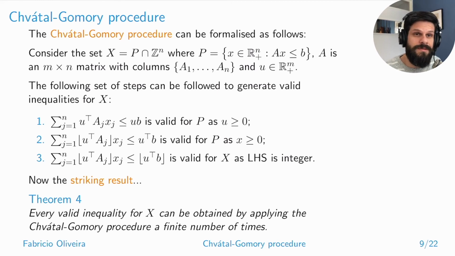If you can show that the inequality you're trying to prove valid can be generated using a suitable Chvátal-Gomory procedure, then you can show that it is a valid inequality indeed.